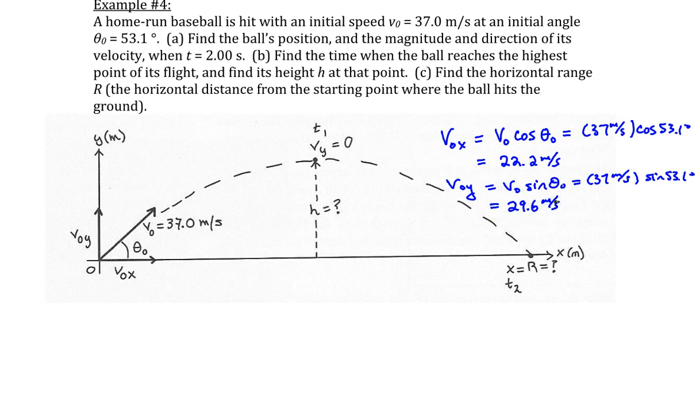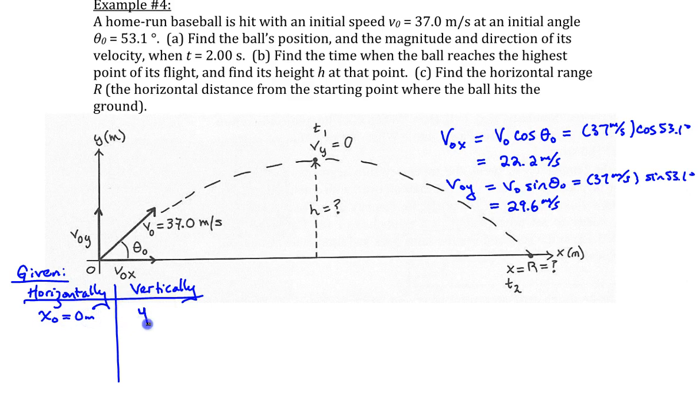So now I like to organize my givens independent from each other so that you don't mix up the horizontal and vertical known information. I'm going to include all the initial and final, if I know that, positions, velocities, and accelerations. We know the initial horizontal position is 0 meters, and the initial vertical position is 0 meters as well, because we've made our origin right here at that point.